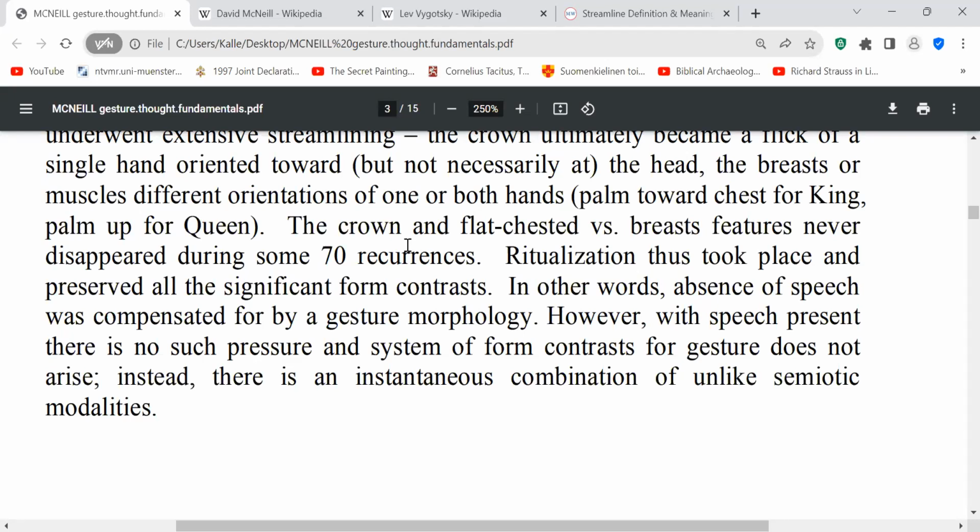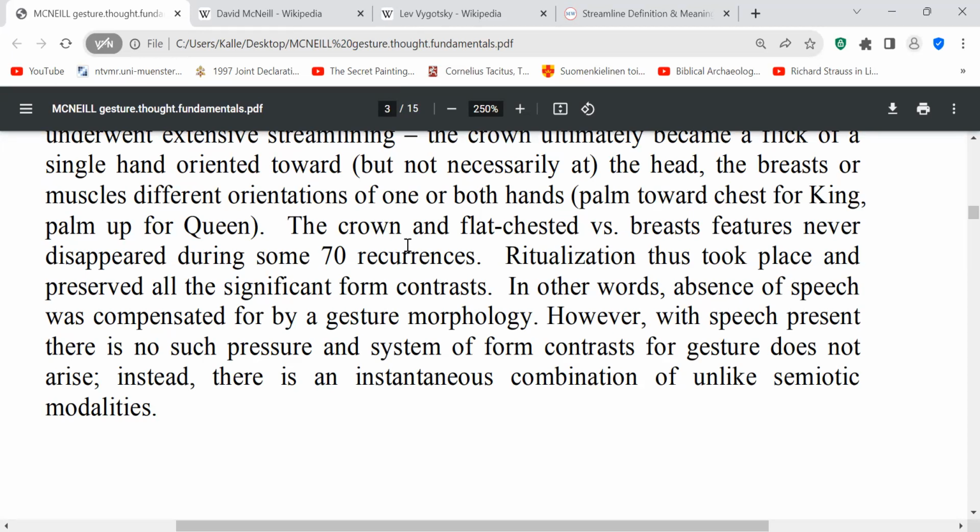In other words, absence of speech was compensated for by a gesture morphology. However, with speech present, there is no such pressure and a system of form contrasts for gestures does not arise.